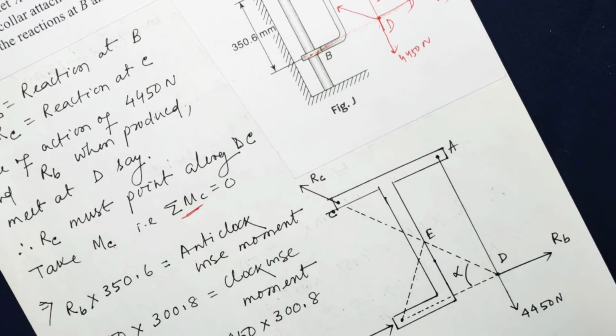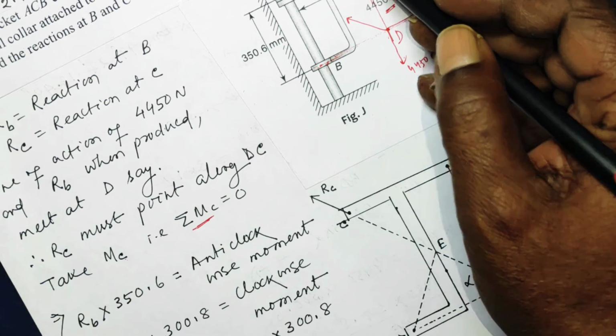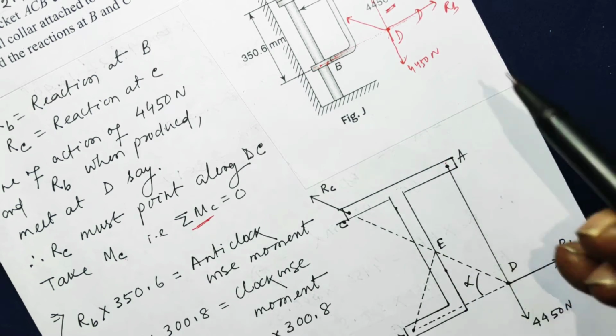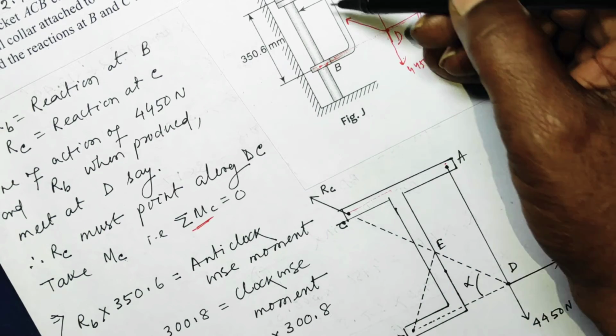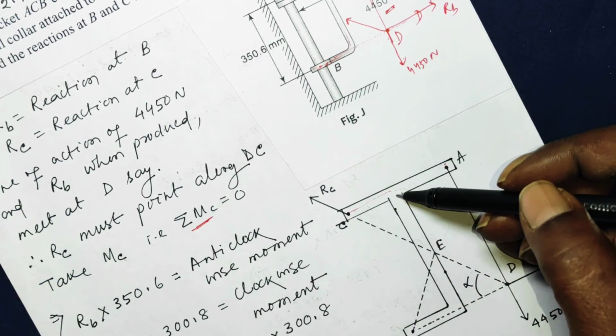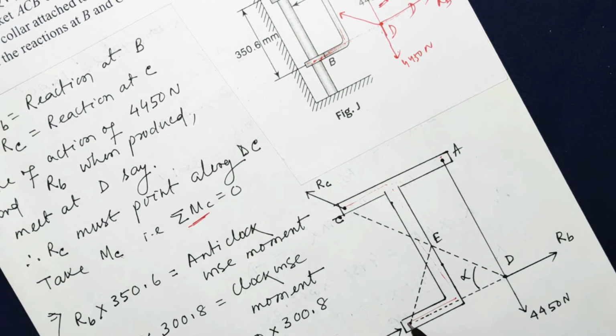Now the diagram is redrawn for you. Let me explain the diagram. This part is this part, and this part is this part.